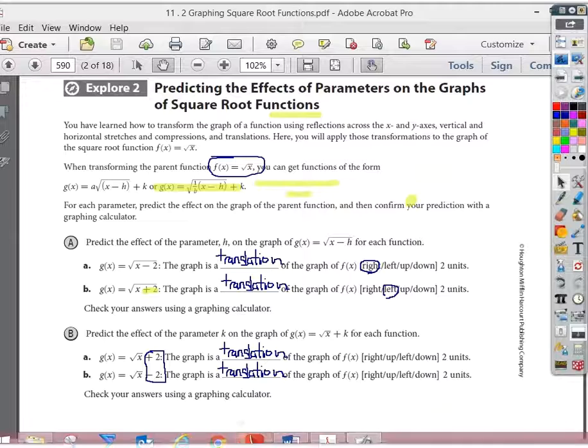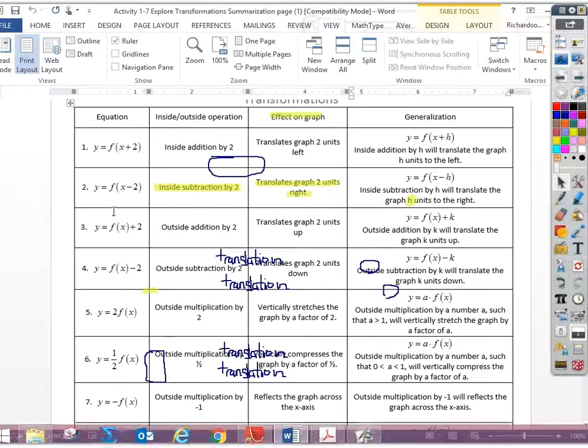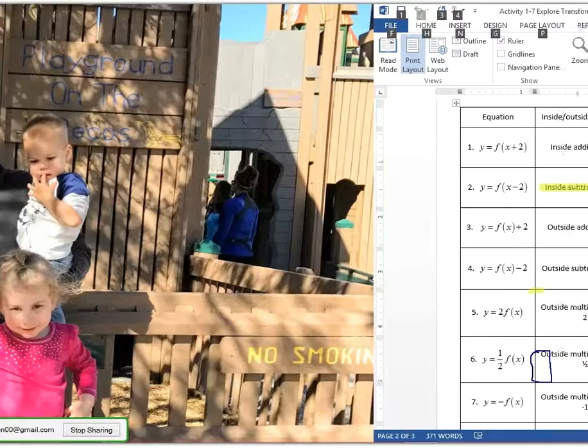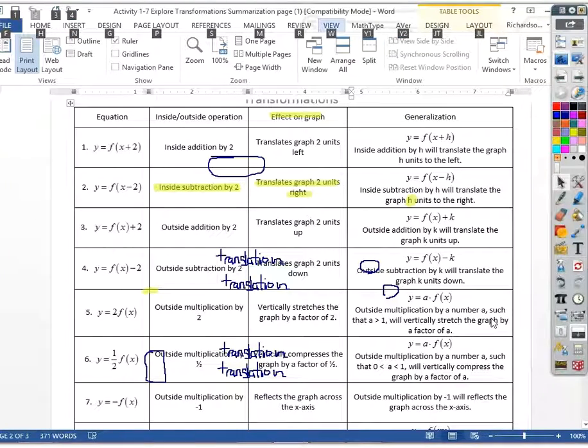A quick look at the transformations document, lines 3 and 4, and we're going to see that outside addition is going to move it up. Outside subtraction is going to move it down. Okay, so we would want to go ahead and say that for that one.